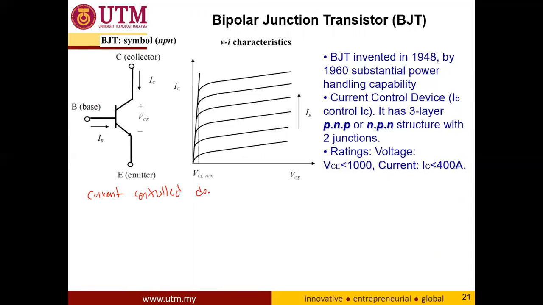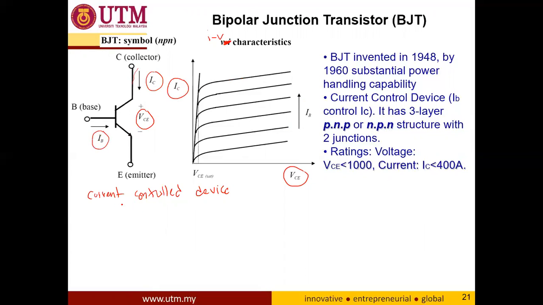Okay, this is not VI, it is an IV characteristic. As you can see, this is the output side. We have IC and VCE, so we plot the IC output against VCE. This is the IB characteristic, and the control comes from the IB.